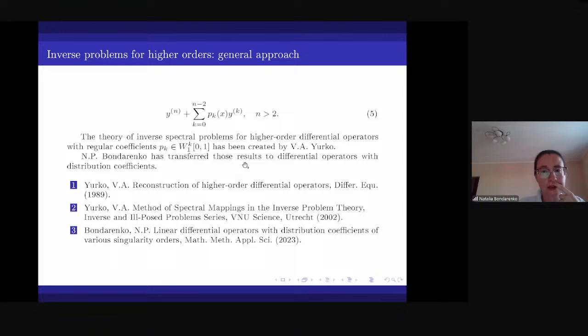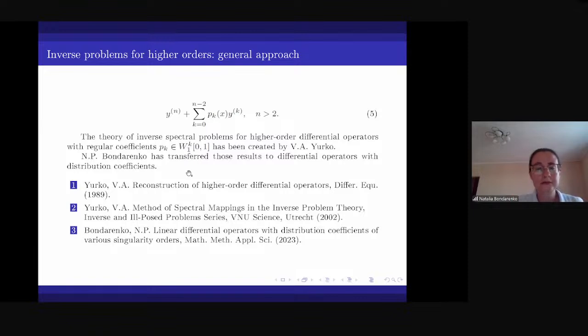But you see that Yurko studied operators of this form with coefficients pk of these Sobolev spaces. So for k greater than 0, they have to be sufficiently smooth.